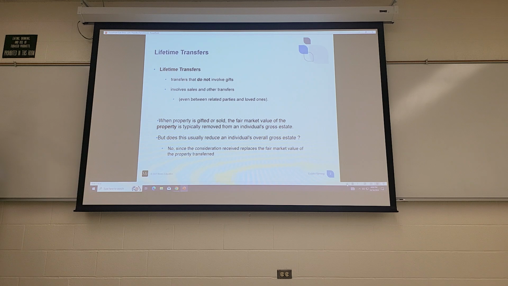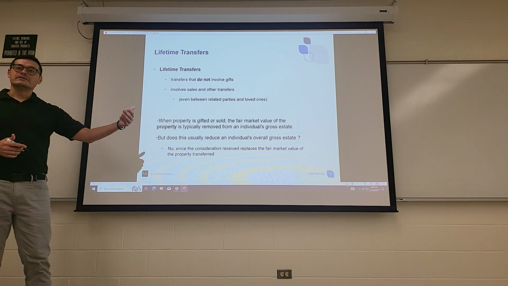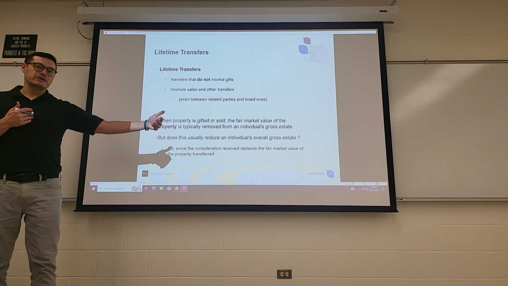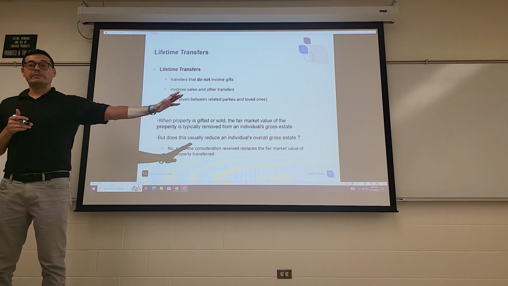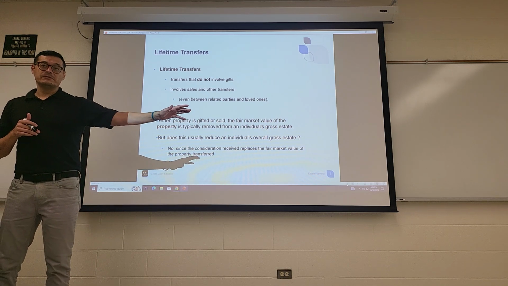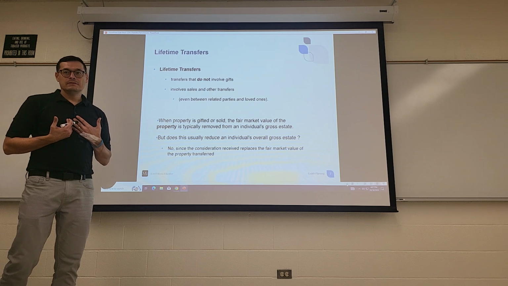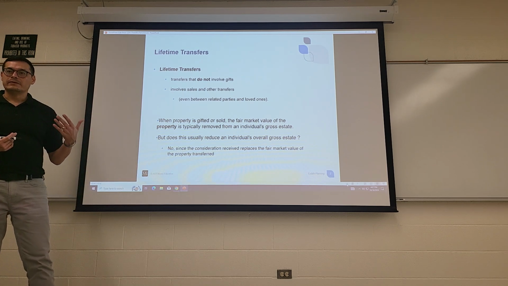That make sense? Any questions? So if I sell a business worth $1 million and I get $1 million in return, it has zero effect on my gross estate, because the business is out, but I did receive $1 million. It's like net worth, no impact on net worth.